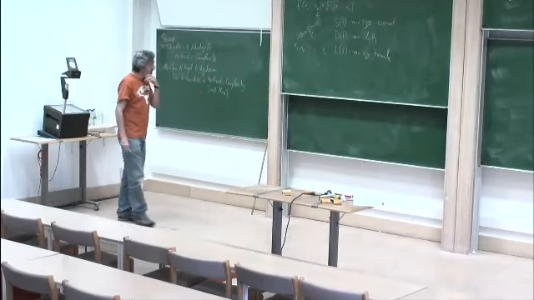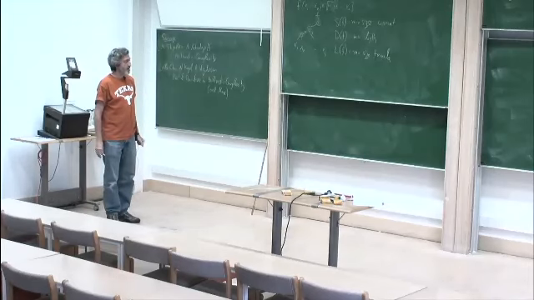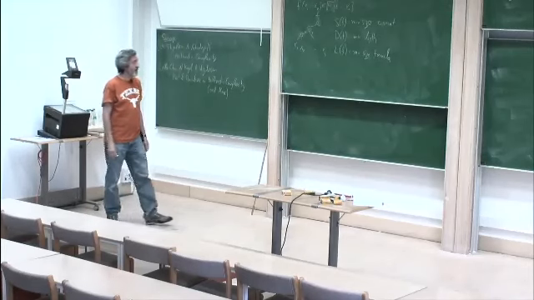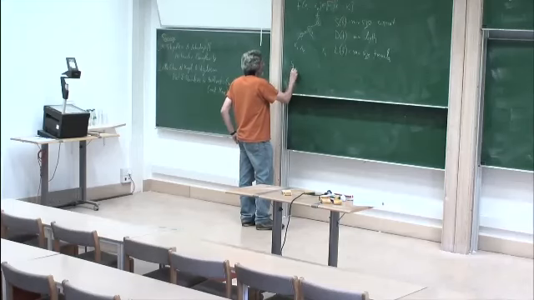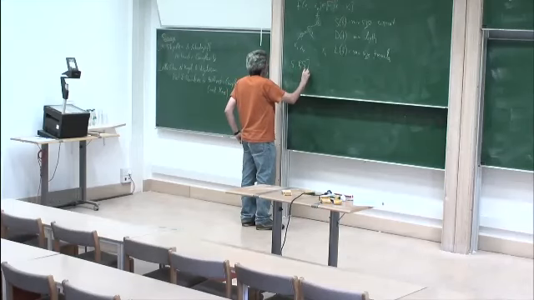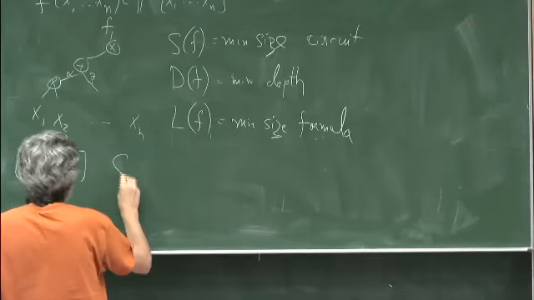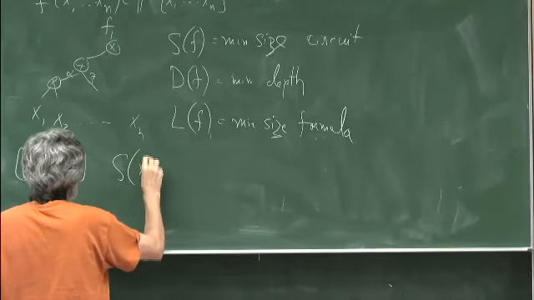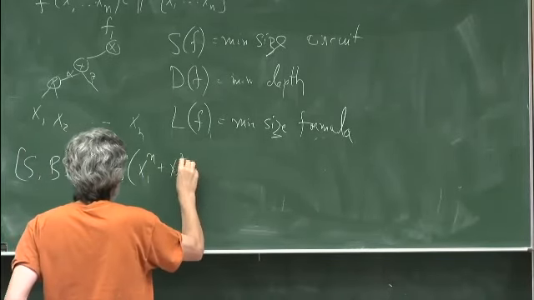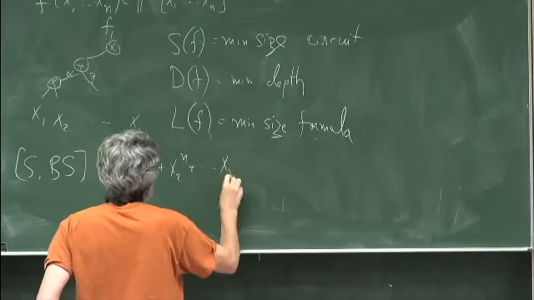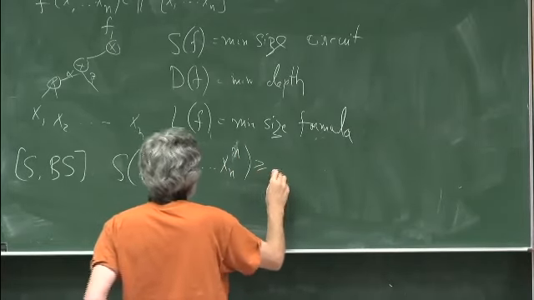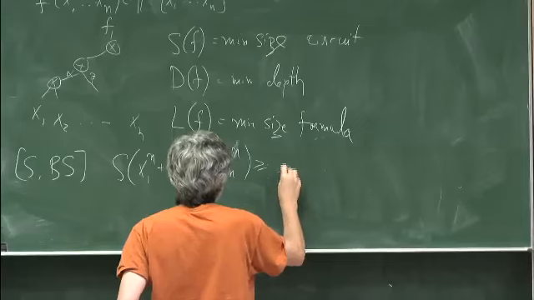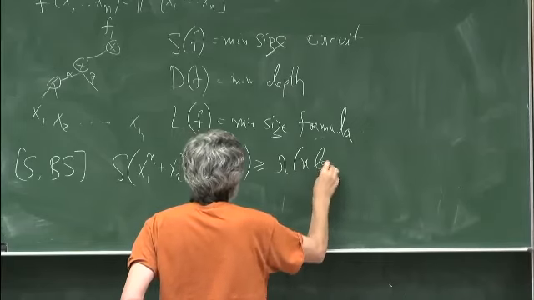And really the only general lower bound we have, we don't have much more, is this result of Strassen and Baur and Strassen, that the size of computing x1 to the n plus x2 to the n, up to xn to the n, is at least some constant times n log n.